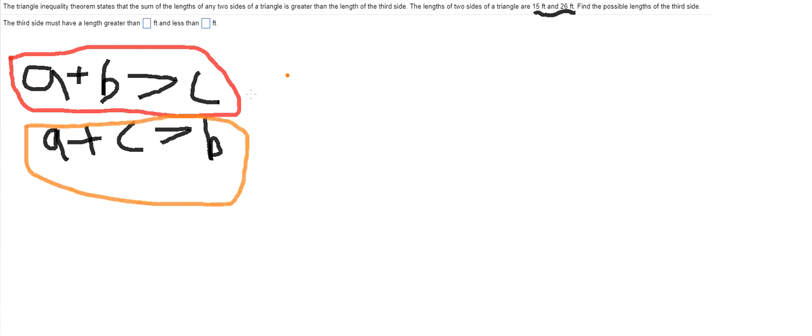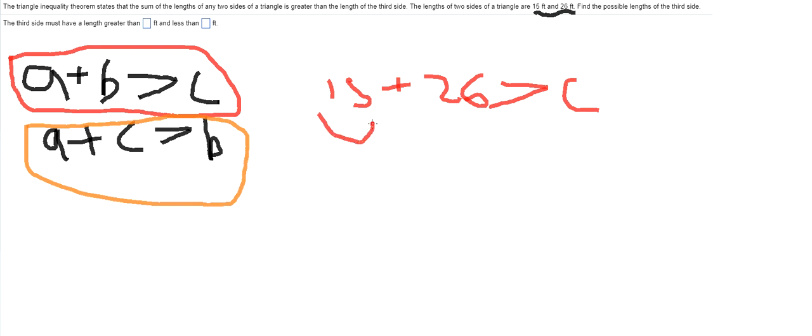So we have 15 plus 26 is greater than C. This whole expression sums up to 41. 41 is greater than C.